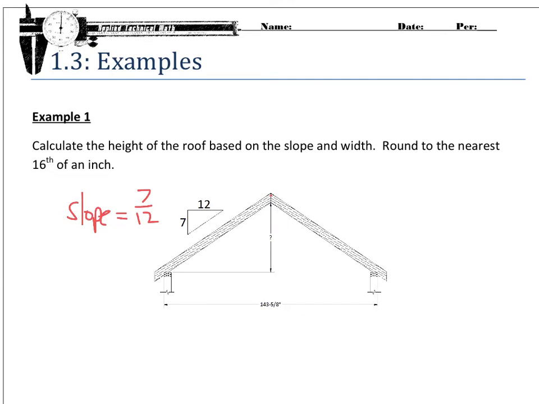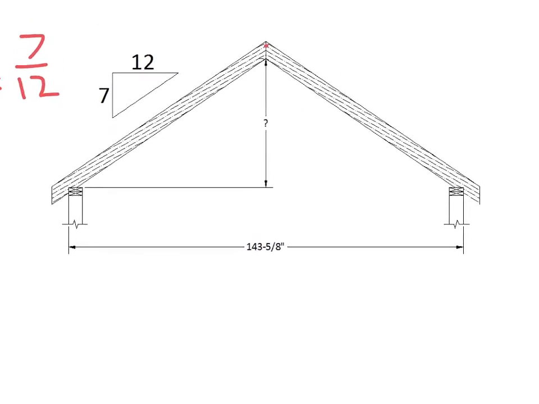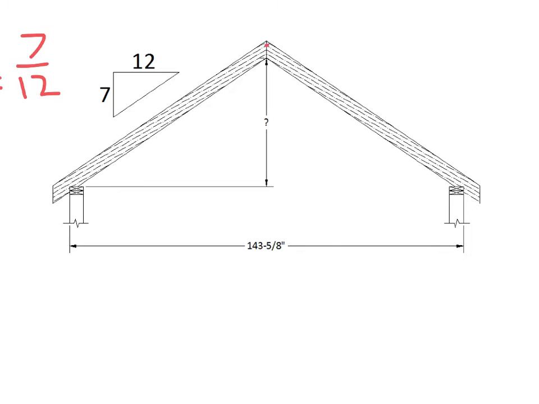So first we have to figure out what half of this width is. So let's take 143 and 5/8. Now we're working with fractions. We're going to cut that in half, divide it by 2 or multiply it by half.